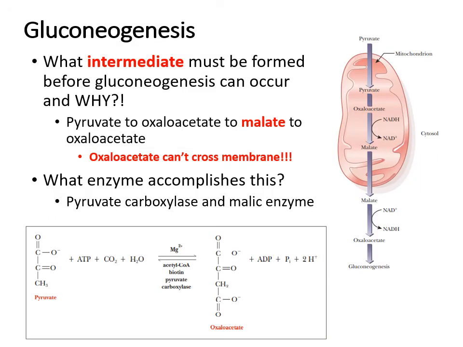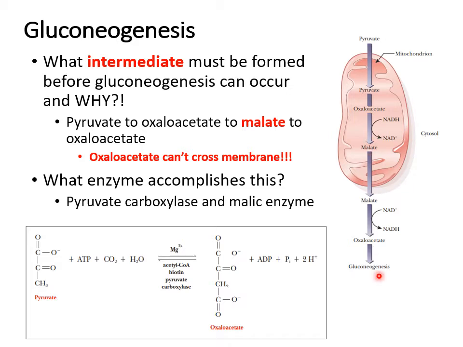Now, before we can look further at the steps of gluconeogenesis, I want to show you what has to happen first. So pyruvate going toward gluconeogenesis, when we look at this, you'll notice that ultimately we need oxaloacetate to go into gluconeogenesis over here. But the problem is that the enzyme that converts pyruvate to oxaloacetate, which is shown in this figure here, pyruvate carboxylase, is found inside mitochondria.